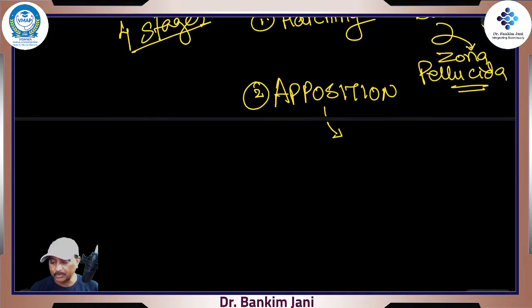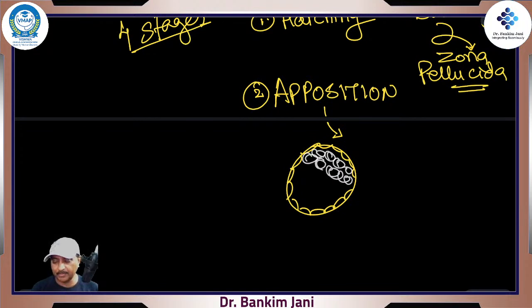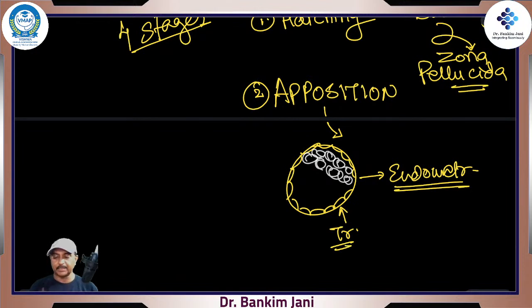These are the outer cells, and this was the inner cell mass. When the trophoblast comes in contact with the endometrium of the uterus, this is the stage of apposition.